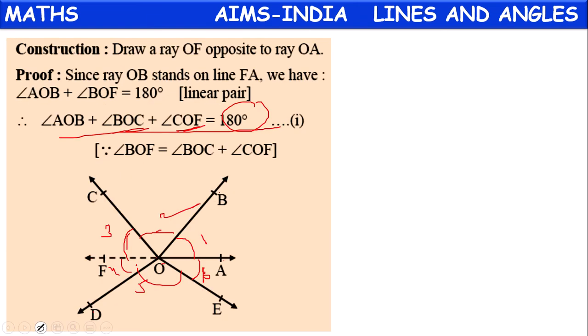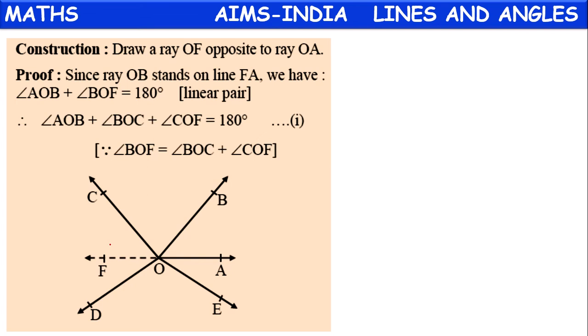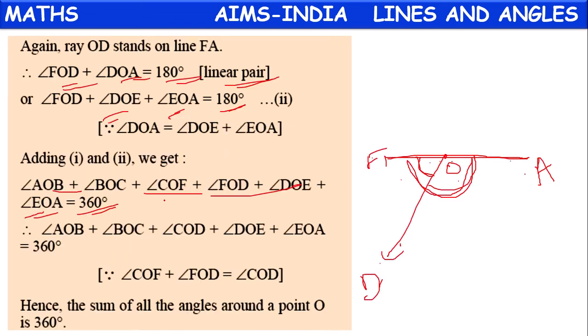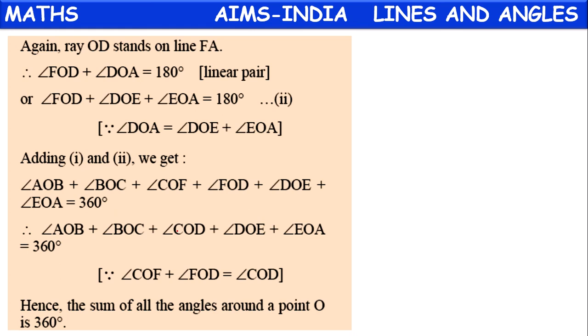But this is our construction. COF and DOF, these two together can be written as DOC. So COF, DOF can be written as this single angle, DOC.